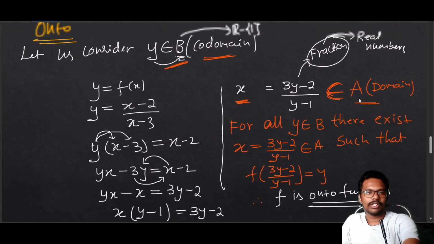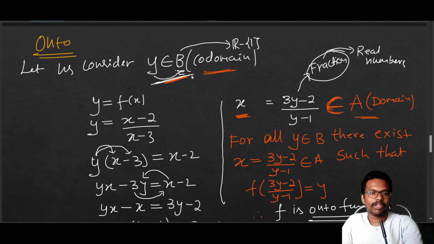So here we have considered the element y belongs to B, and we know that y equals f of x. After solving this, y equals x minus 2 divided by x minus 3, cross multiplied. After some simple calculation, we have taken the x to one side and the remaining part to the other side.